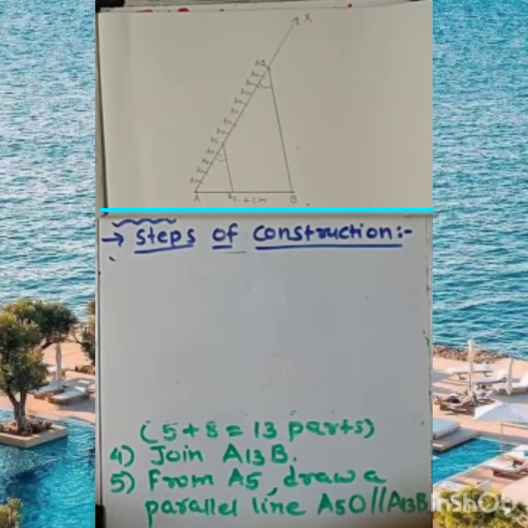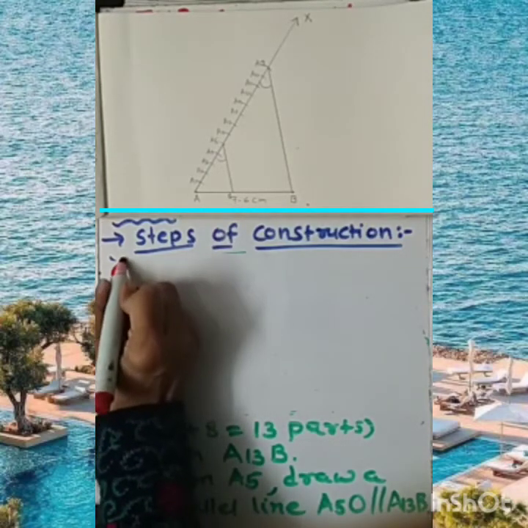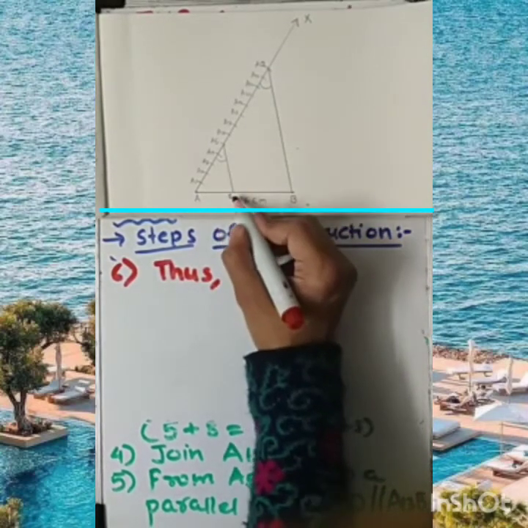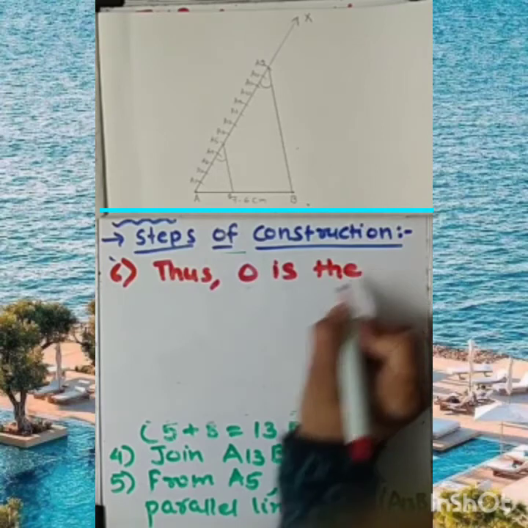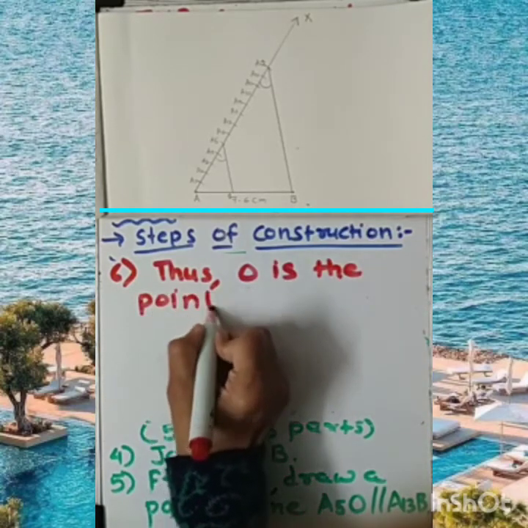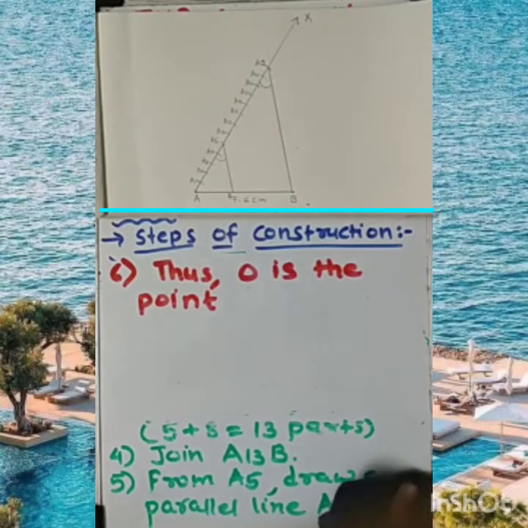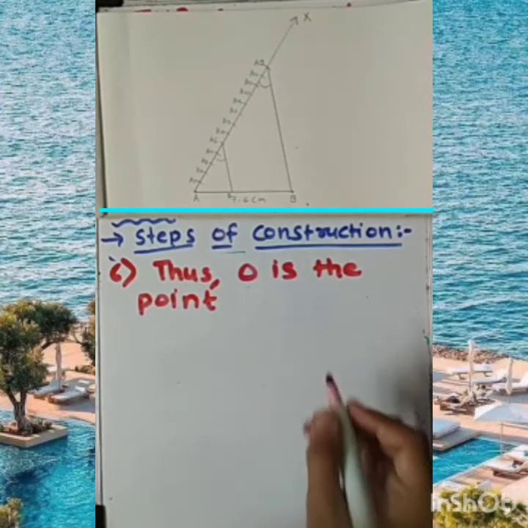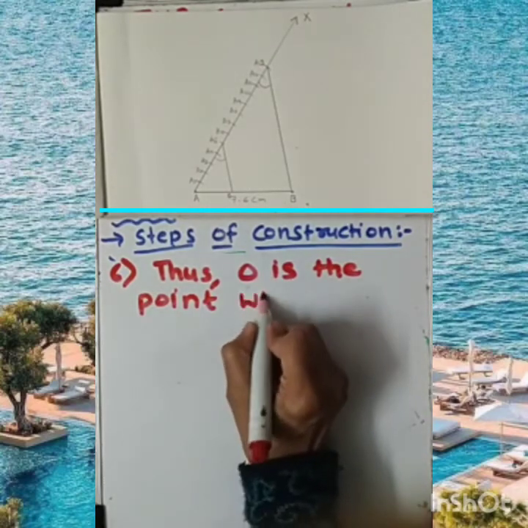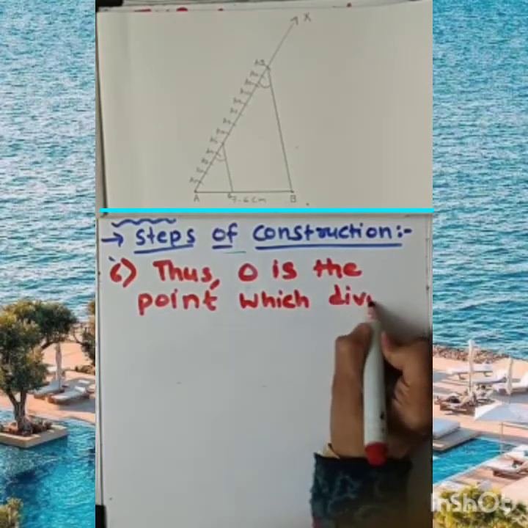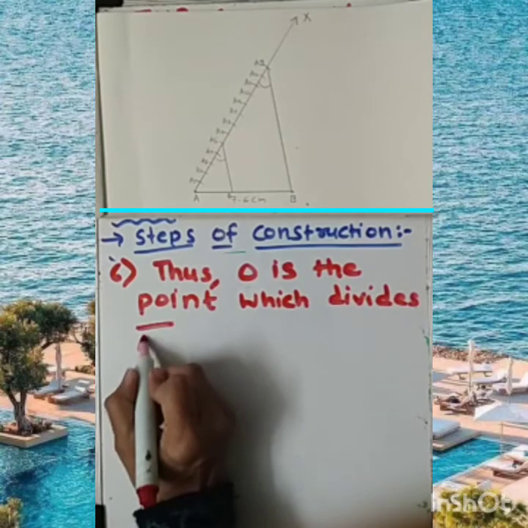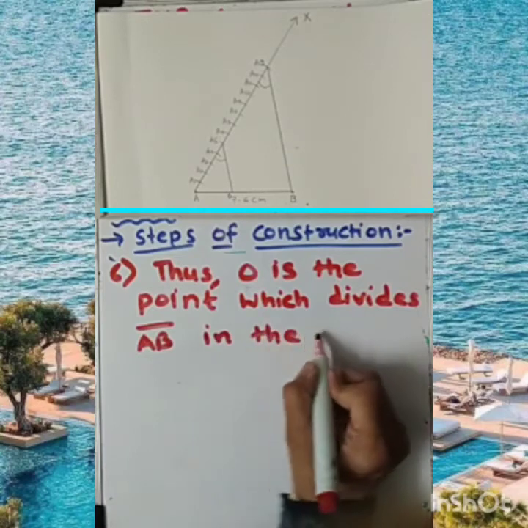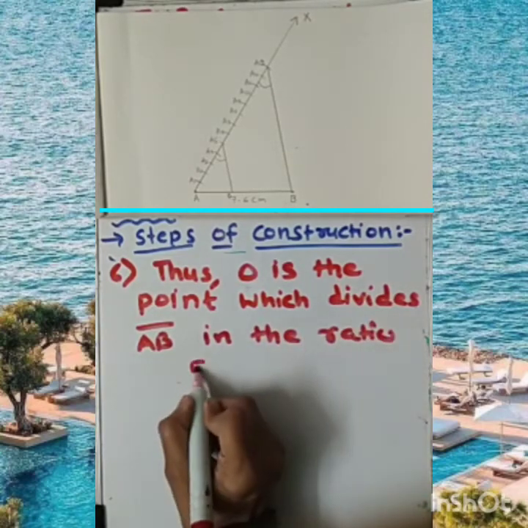I can say, thus O is the point which divides line segment AB in the ratio 5:8.